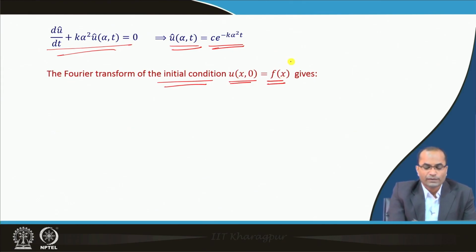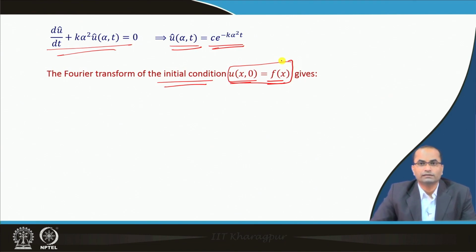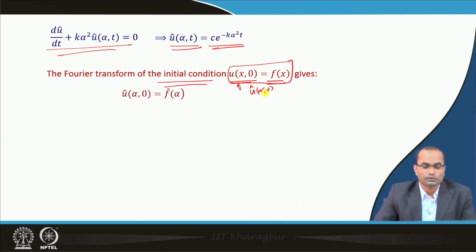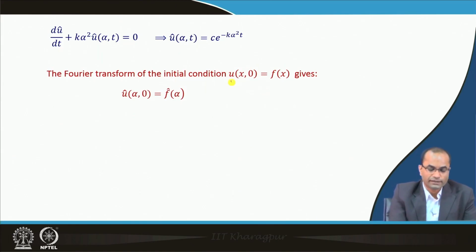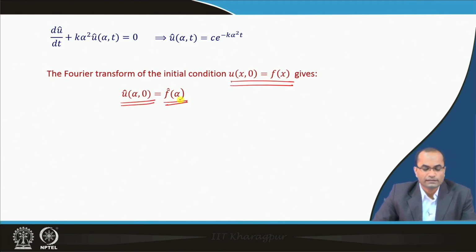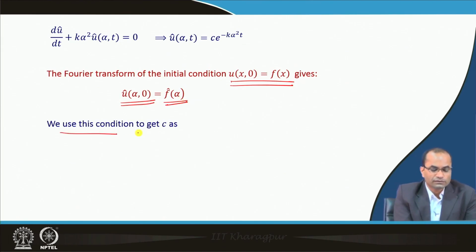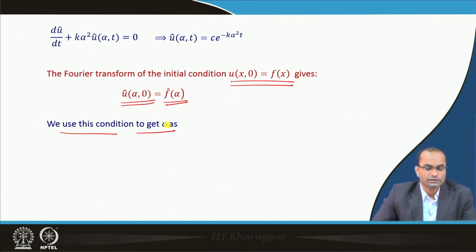Having this information, u(x, 0) is equal to f(x), we can take the Fourier transform and get the condition in terms of u hat(alpha, 0). If we take the Fourier transform, we get u hat(alpha, 0) is equal to f hat(alpha). We use this condition to get the constant c.